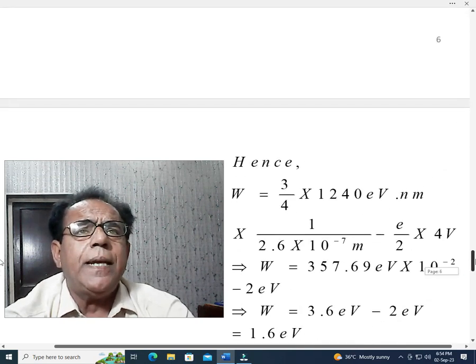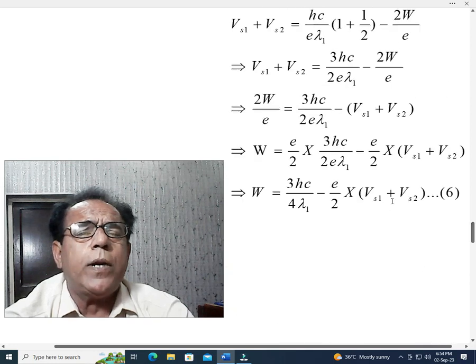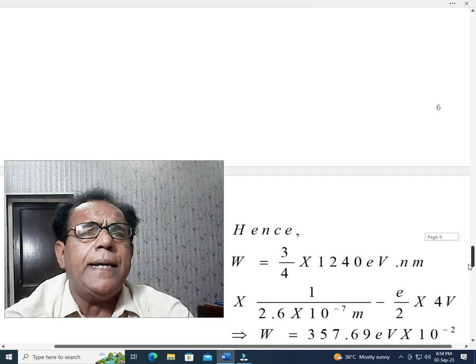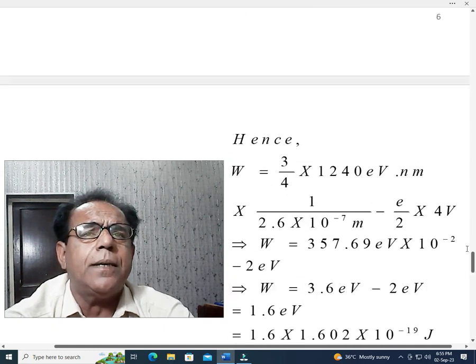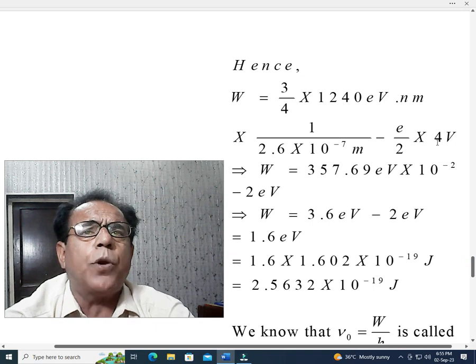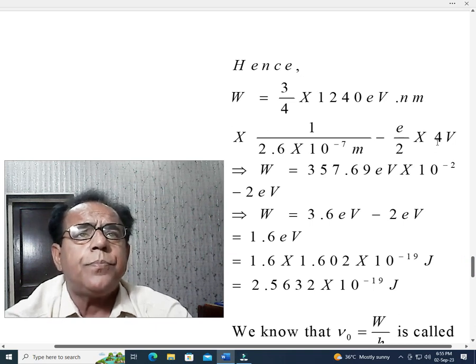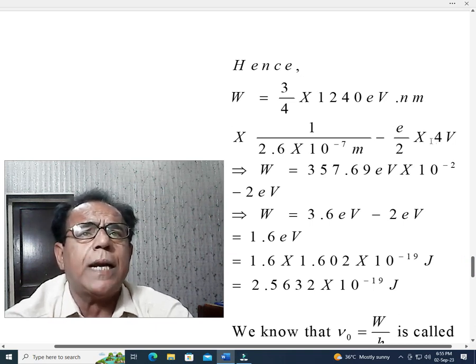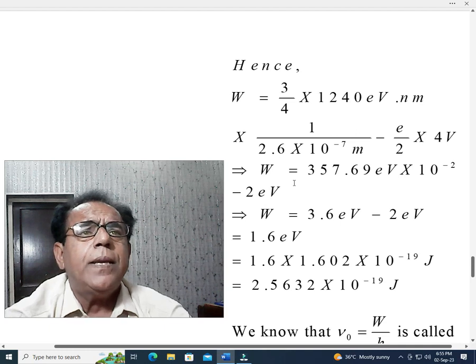Actually here, because these two are being added, one is 3.2 and one is 0.8, so both will be added and become 4 volt. So here 4 electron volt. It's quite simple.